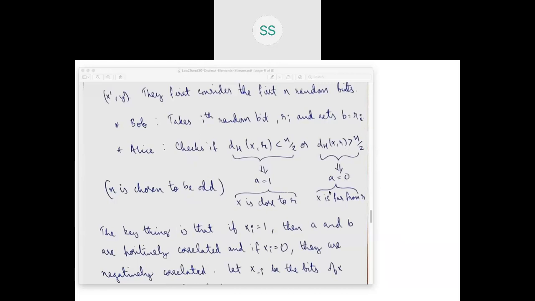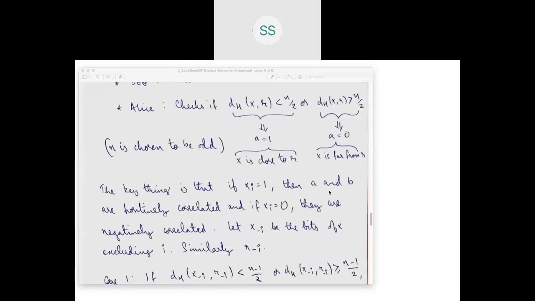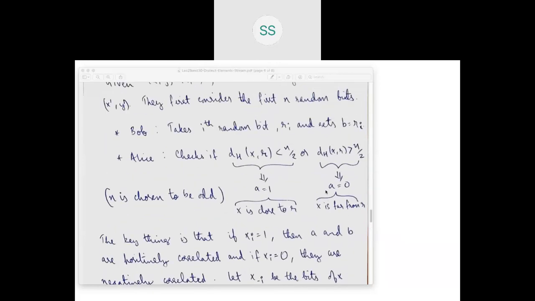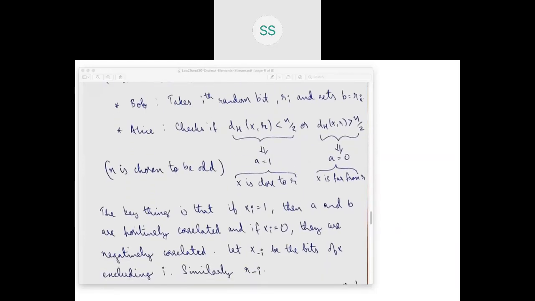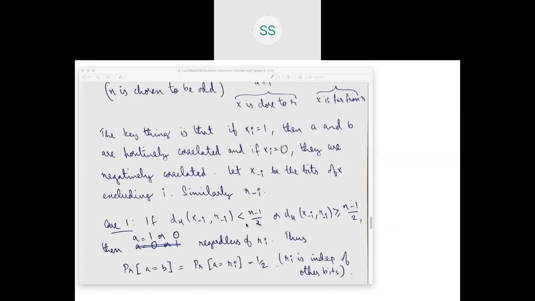And what happens is that if xi equal to 1, which means if the index function computes to 1, then A and B are positively correlated, and if xi equals 0, then they are negatively correlated.